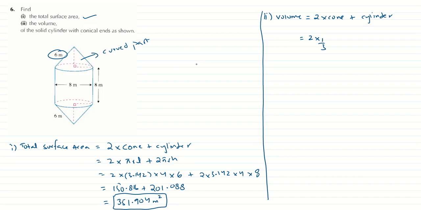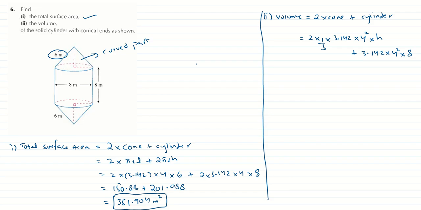So 1 upon 3 multiply by 3.142 multiply by 4 square multiply by h, plus the cylindrical part will be pi r square h. So 3.142 multiply by 4 square multiply by 8.